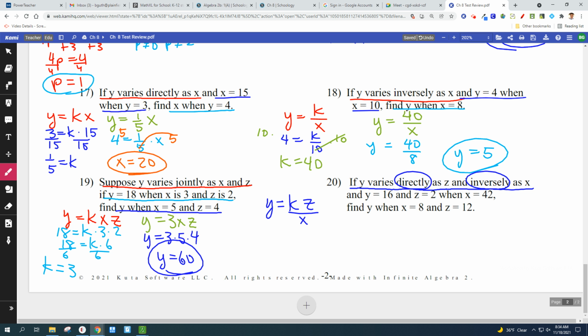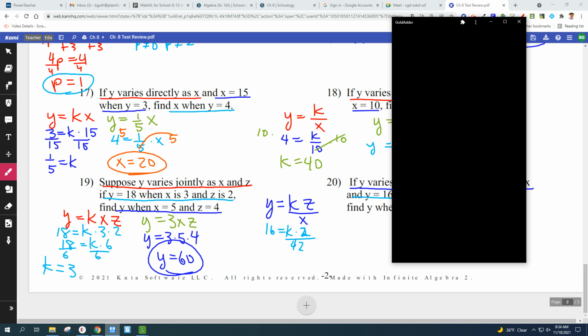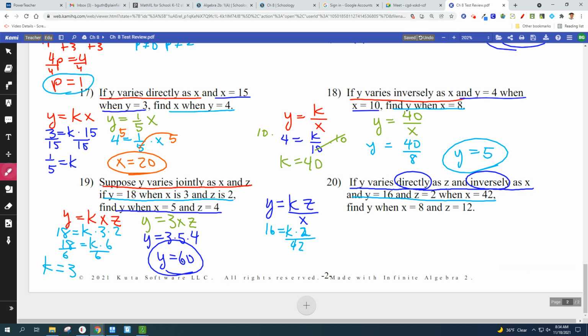And so that's what the formula is going to look like. We solve the problem in the same way. Second time through, we're going to plug in all those numbers. So if y equals 16, when z equals 2, and x equals 42. Okay. So, these numbers are kind of big. Might need a calculator for that one. We are going to multiply both sides by 42.